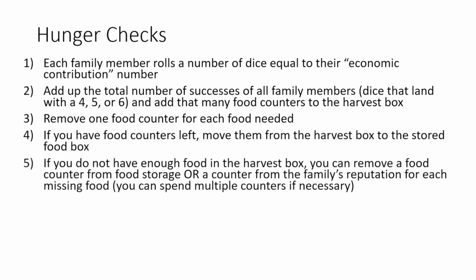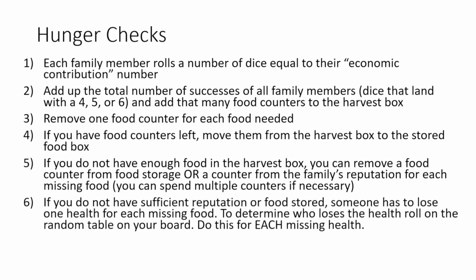If you don't have enough food in the harvest box, you can remove a food counter from food storage or a counter from the family's reputation for each missing food. You can spend multiple counters if necessary. If you do not have sufficient reputation or food stored, someone has to lose 1 health for each missing food. Determine who loses the health by rolling on the random table on your board. Do this for each missing health. If anyone dies, let your instructor know.